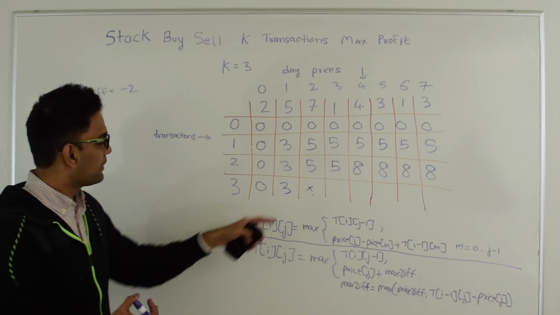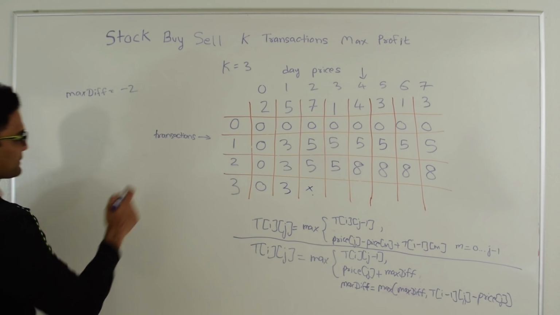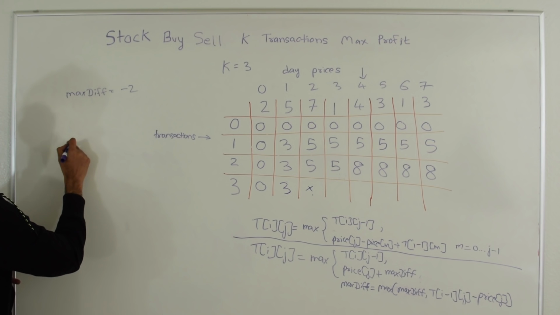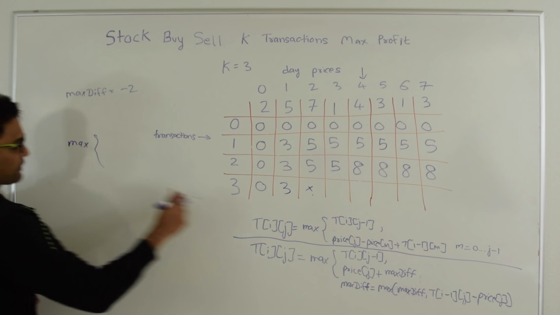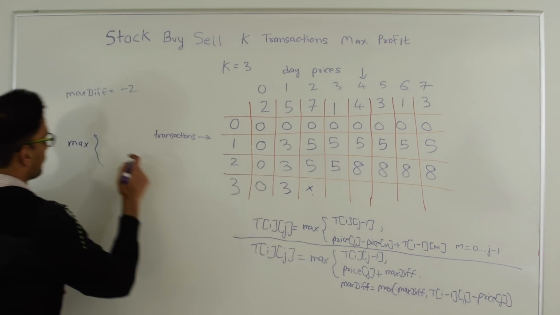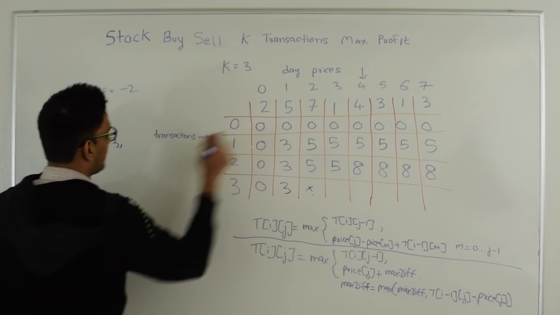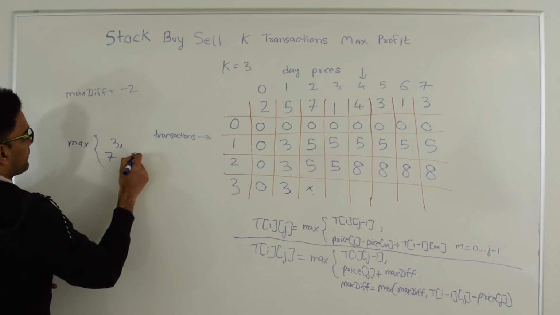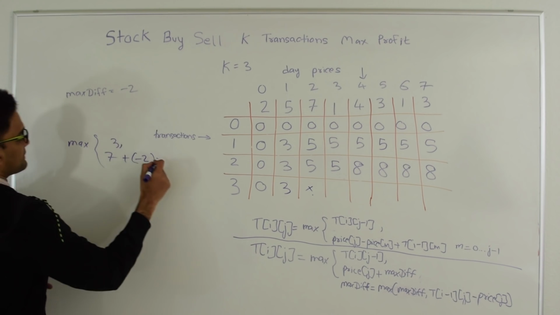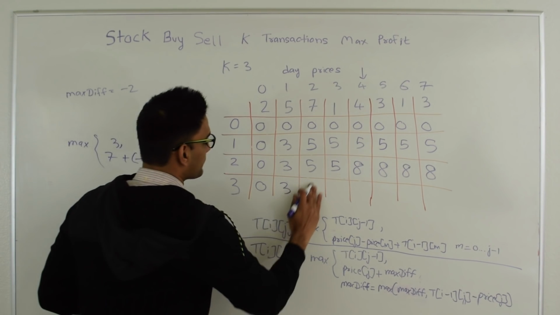Now our new max for this cell will be the max of not transacting at all on this day, so 3, or 7 plus minus 2, which is the max diff, so this value is 5, so this becomes 5.